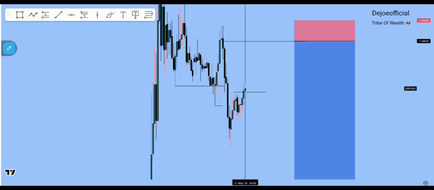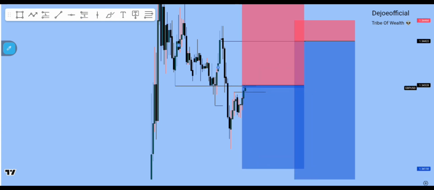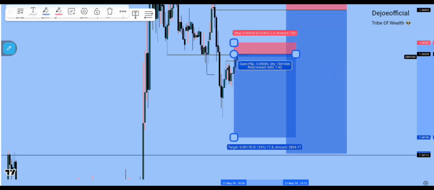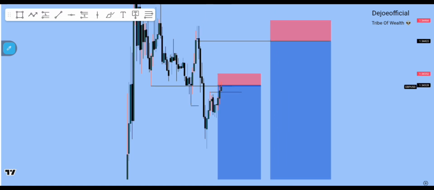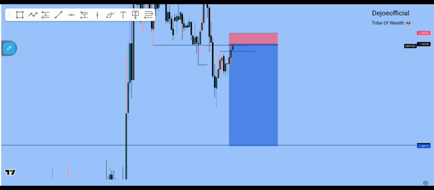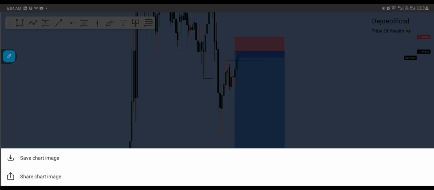It's a very valid zone. So this is what I'm actually expecting. I mean, I'm not taking this one anymore. This is my setup on GBPUSD. This is my view.